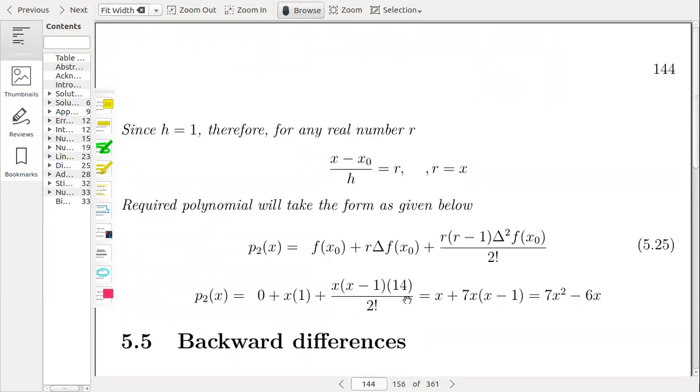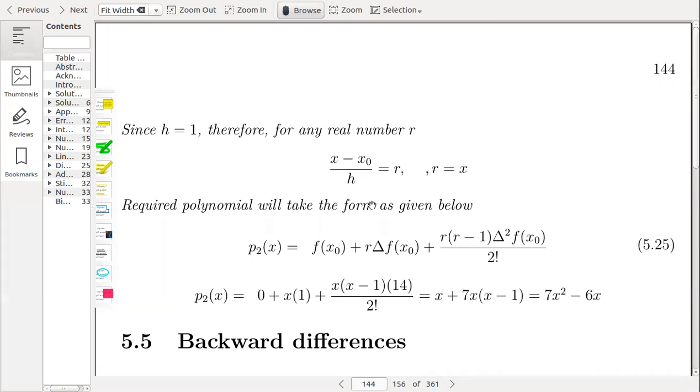Since h is equal to 1, because the difference between two consecutive nodes or values of x is 1, therefore, for any real number r, x minus x naught over h is equal to r.